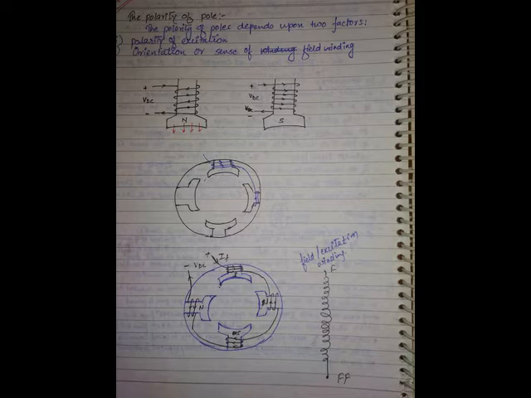Just for understanding, I have written like this. Permeability: ability to permit flux. Generally, steel is used.